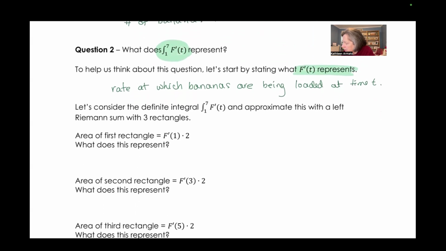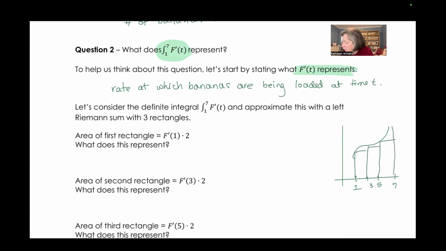We're going to approximate it with a left Riemann sum. We're going to go from 1 to 7. Here's some function. If I do 3 rectangles, then I divide it into 3 and 5.